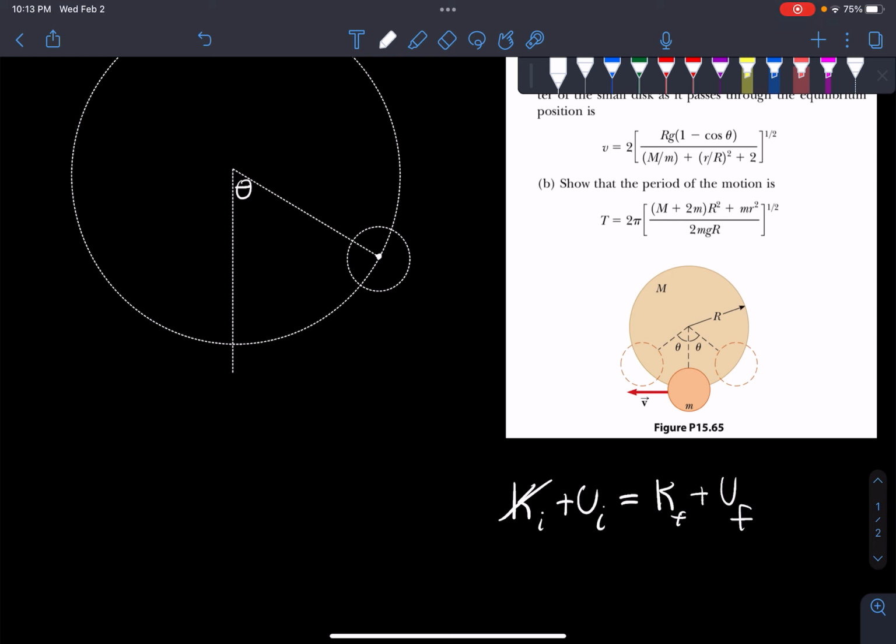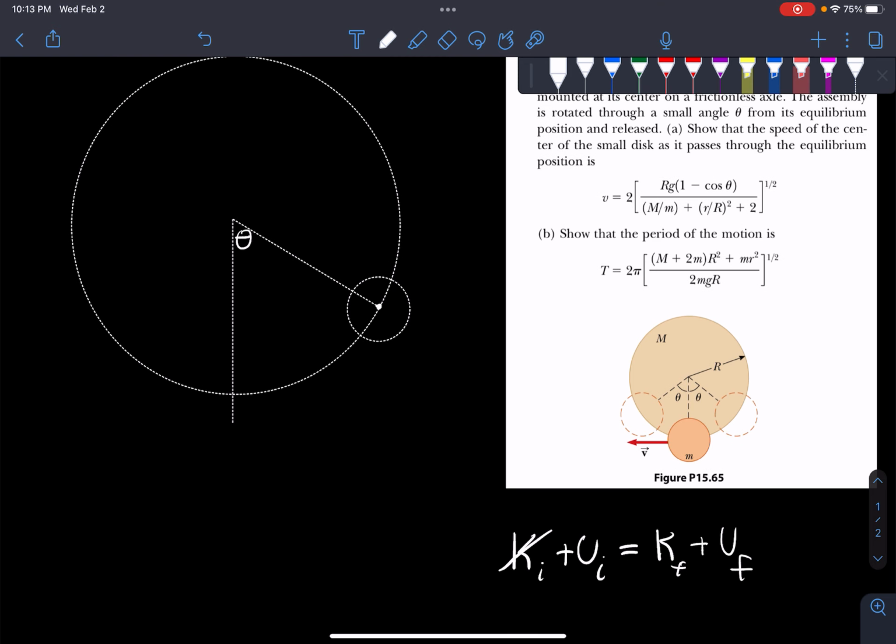I guess I should define where my reference point is for the gravitational potential energy. So when the disk swings down, it's going to reach its equilibrium right here, and that's where we want to find the speed. So let me call its lowest point right here y equal to 0.